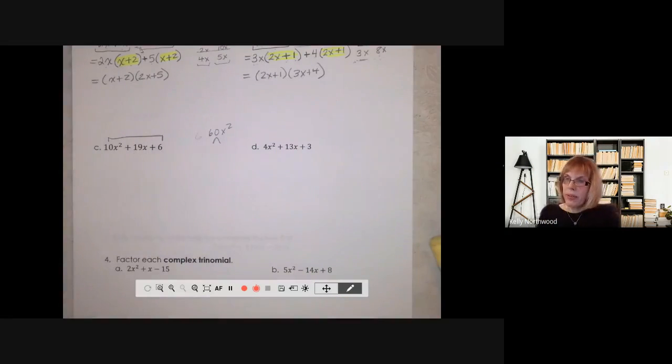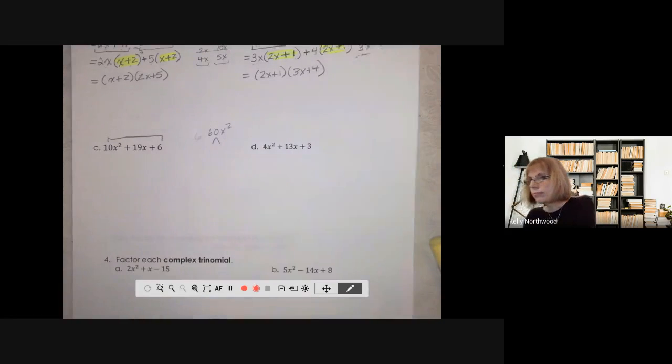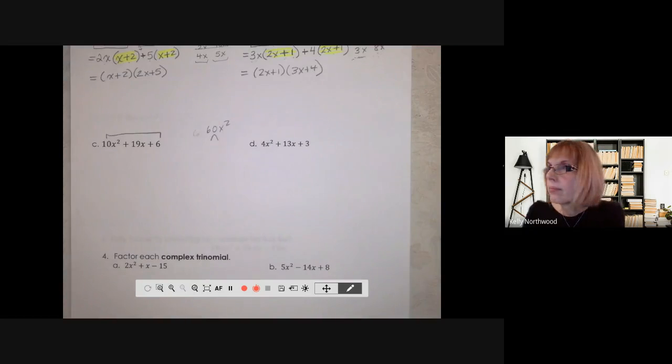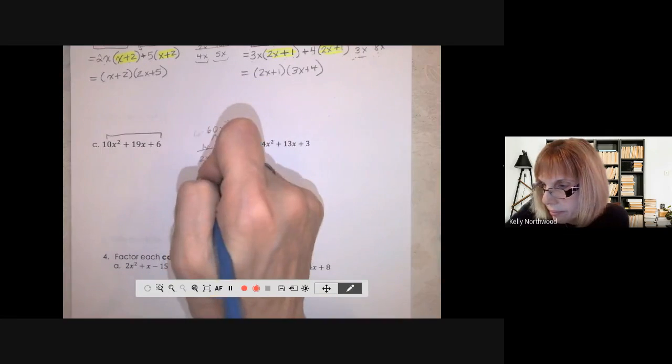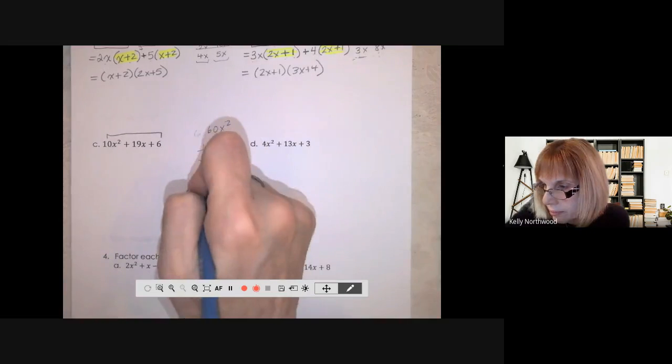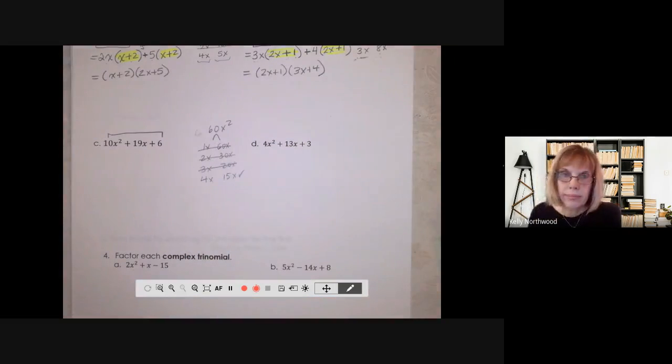Okay, I'm going to give you a minute, see if you can come up with the numbers that would multiply to 60x squared and add to 19x. So I got 4x and 15x.